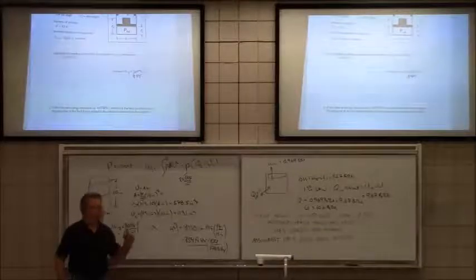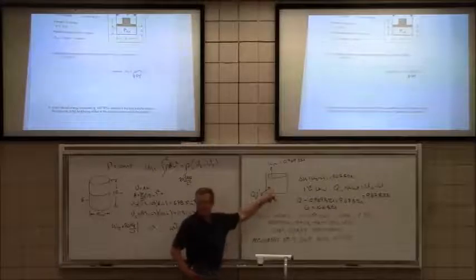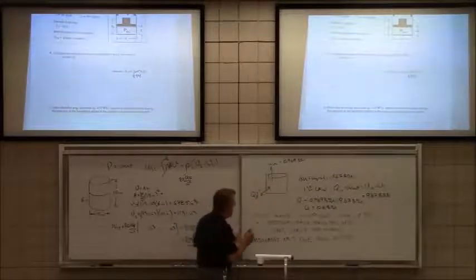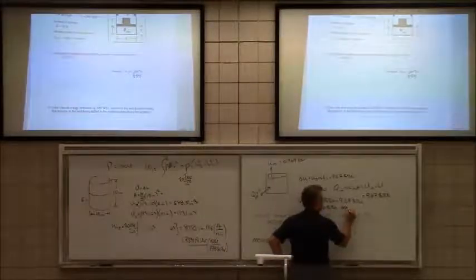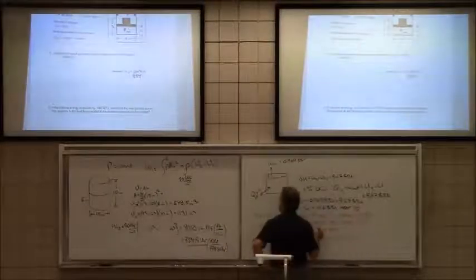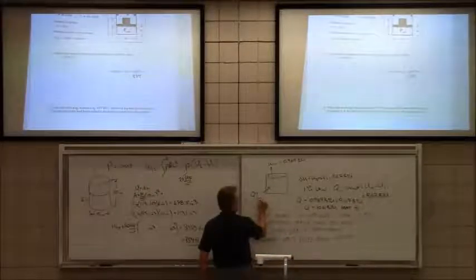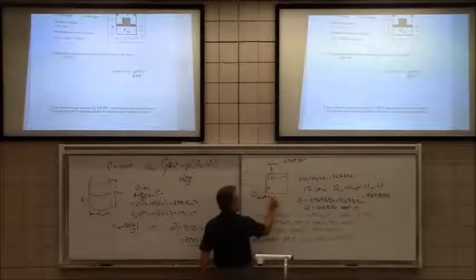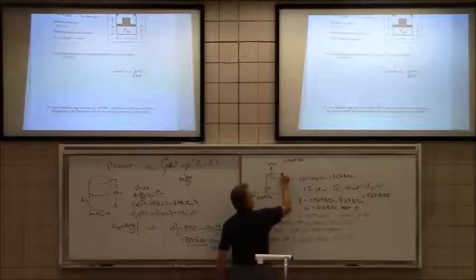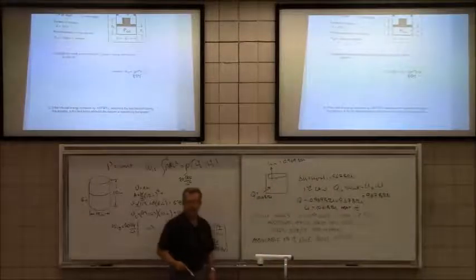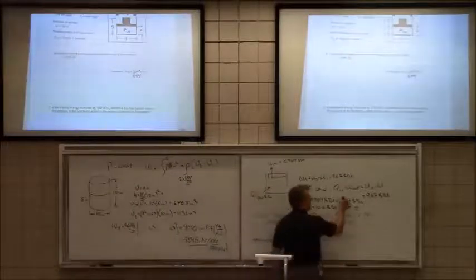That's going to be heat in. So I'm adding heat. So I've got heat coming into the system, which is 10.6 BTUs. My internal energy is going up 9.7, and then work is coming out.